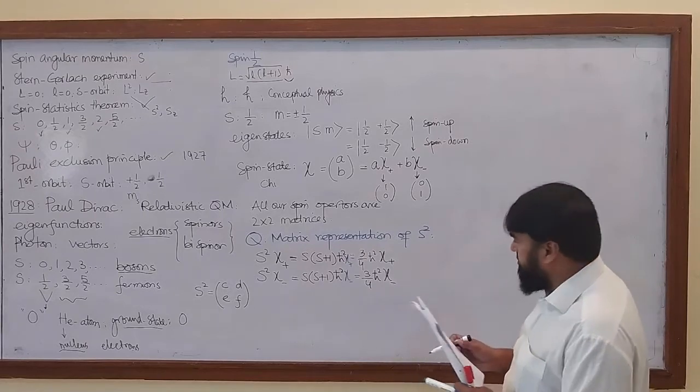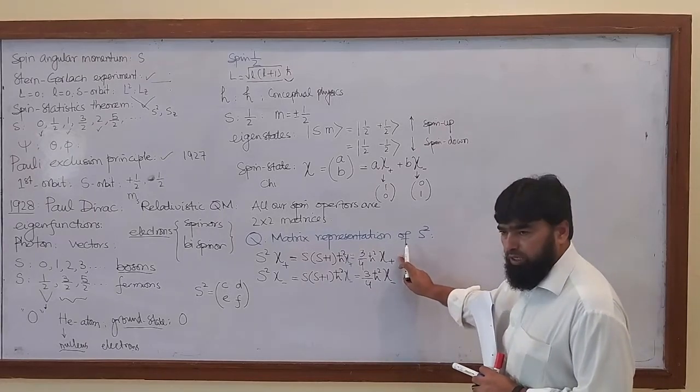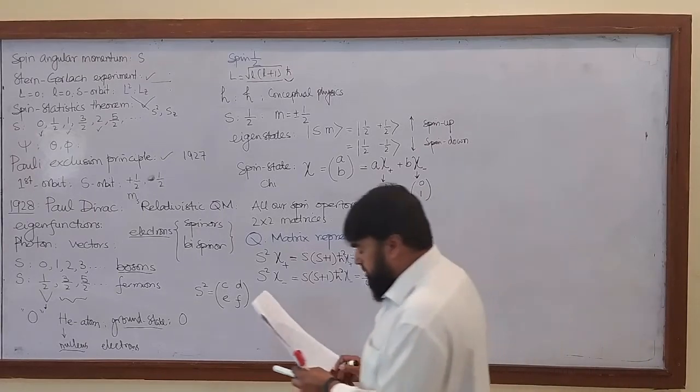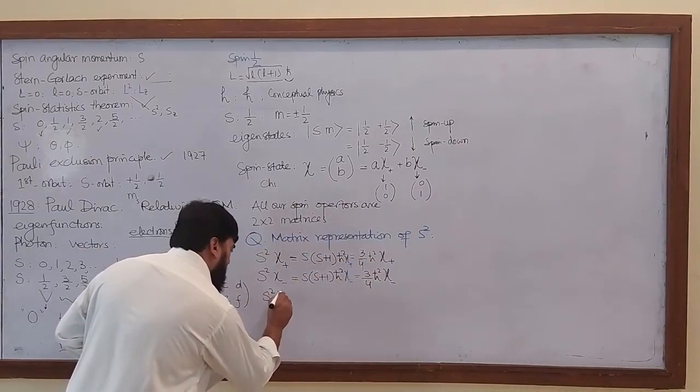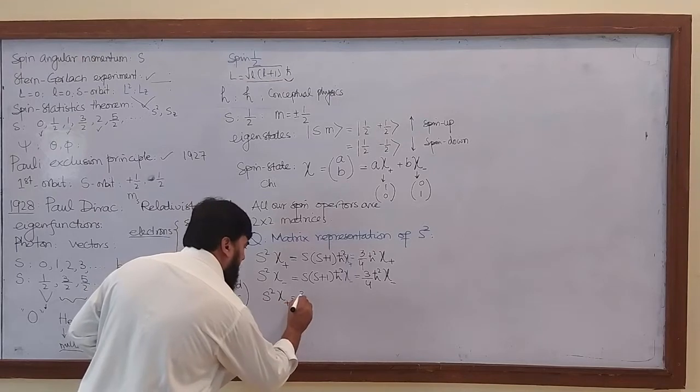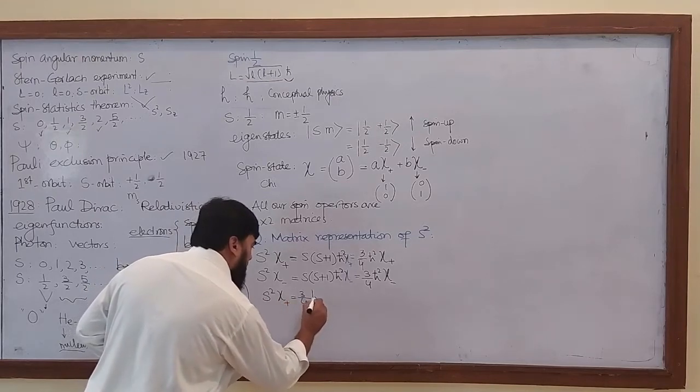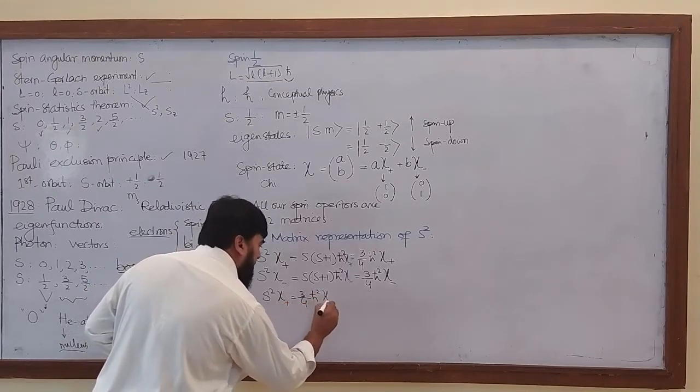Let's start from the first one, this one. And here I know that when S square operates on chi plus, I have 3 over 4 h bar square chi plus.